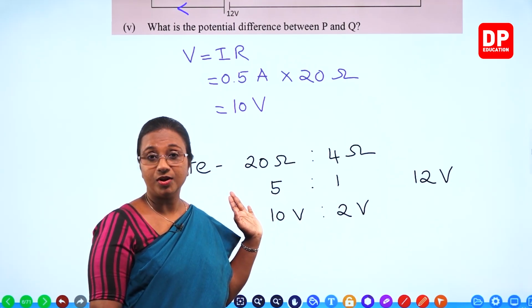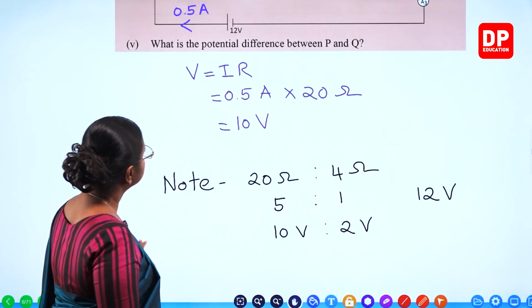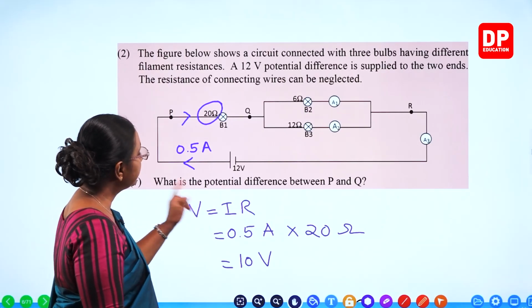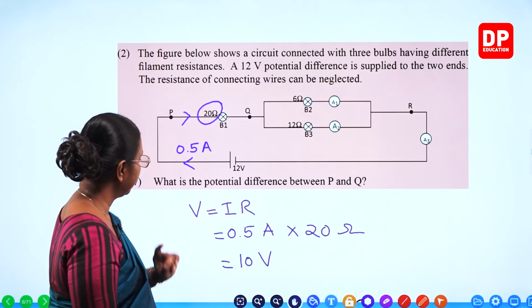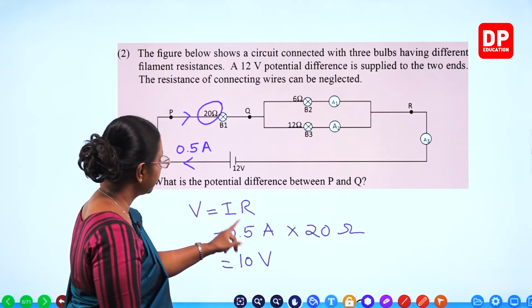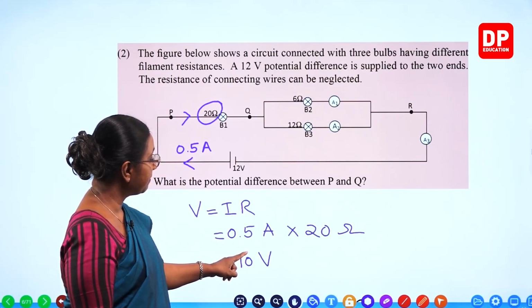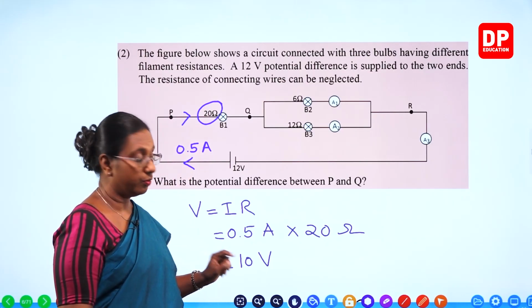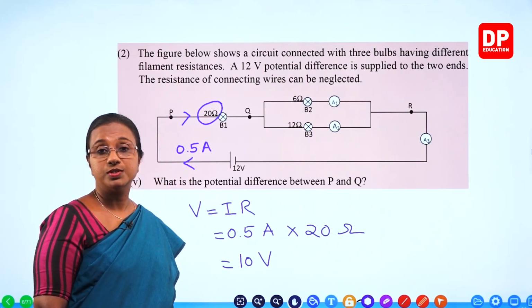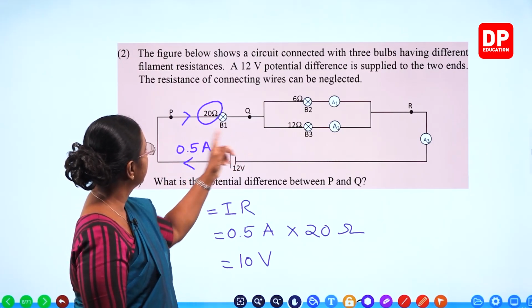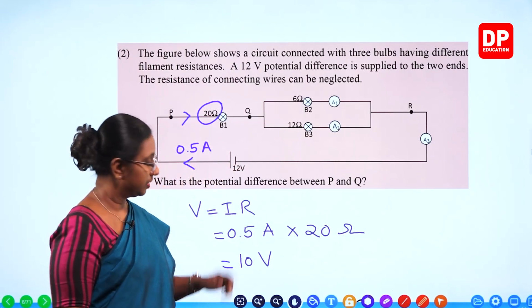Is that clear to you? So here we have calculated what is the potential difference between P and Q. You use the equation V equals IR, that is equal to 0.5 amperes into 20 ohms. That's 10 volts, the potential difference or the voltage across P and Q.